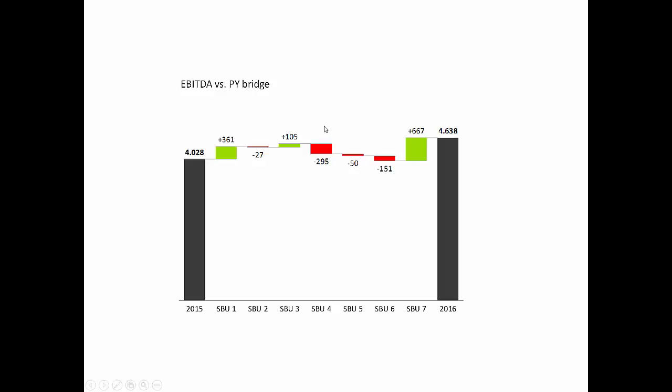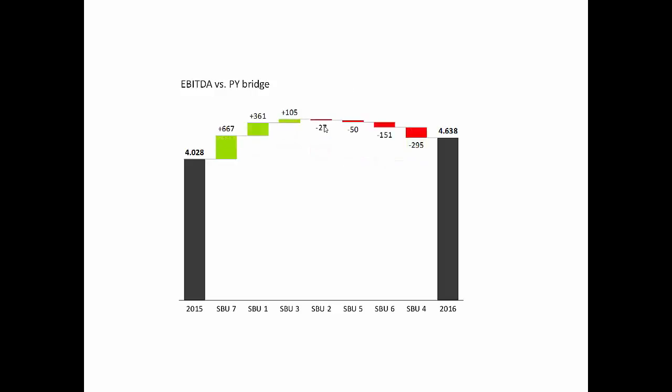Now, in cases like this, you might want to sort the contributions. In this way, it's a little bit more clear which business units are contributing positively to the end result. So they have growth, and then we have some strategic business units with negative growth.